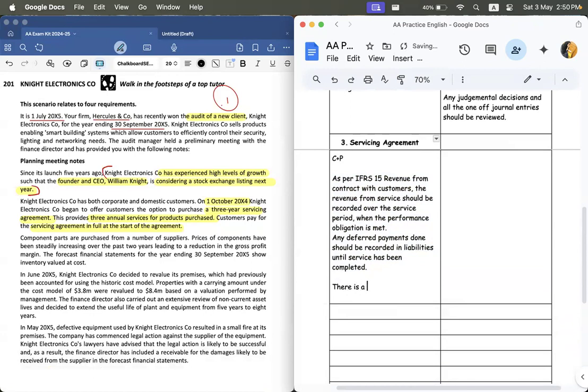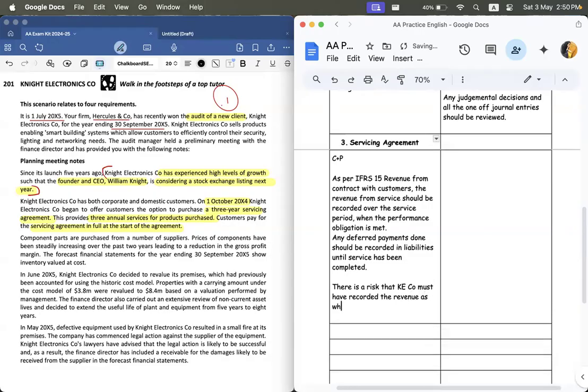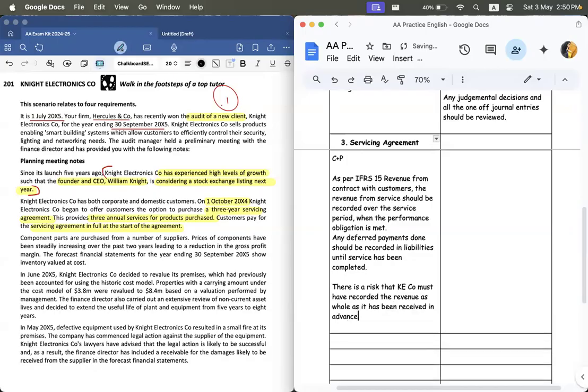There is a risk of overstatement at Knight Electronics. The company must have recorded the revenue as a whole without completing the services, as it has been received in advance, right?